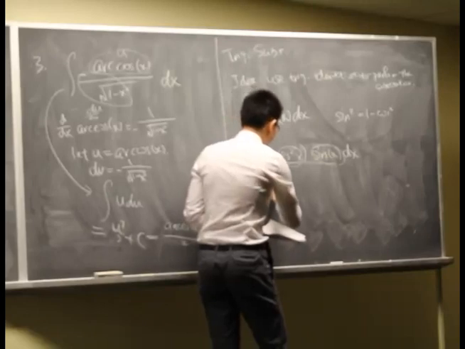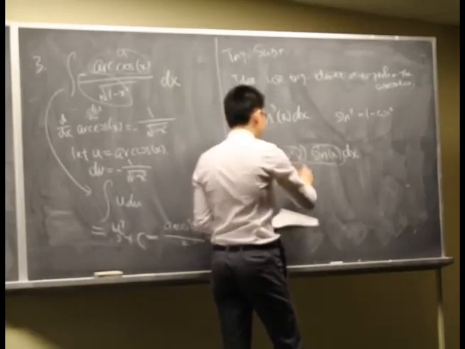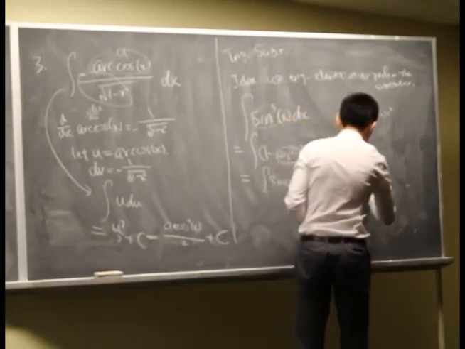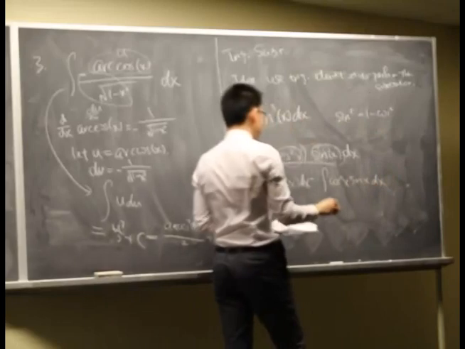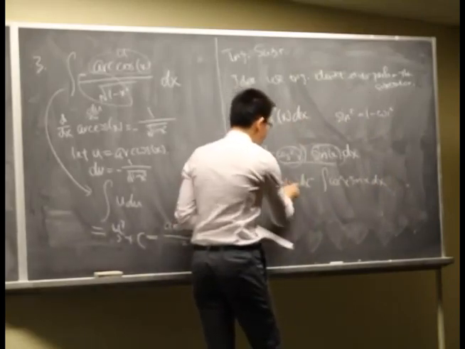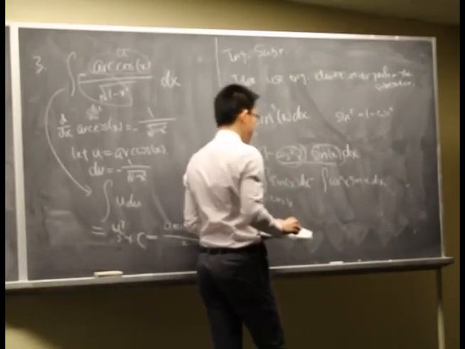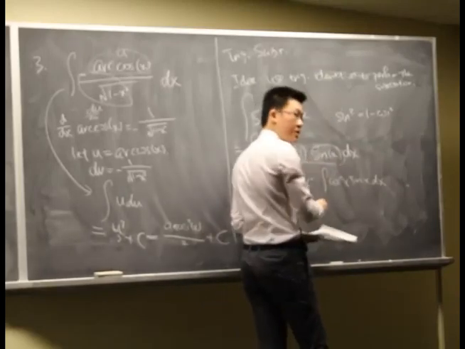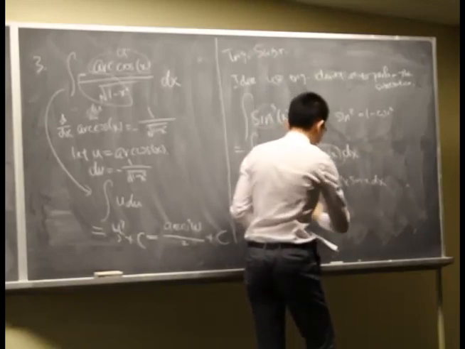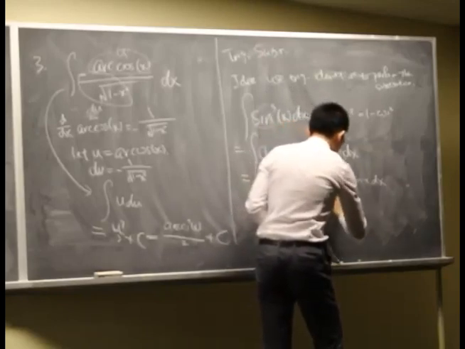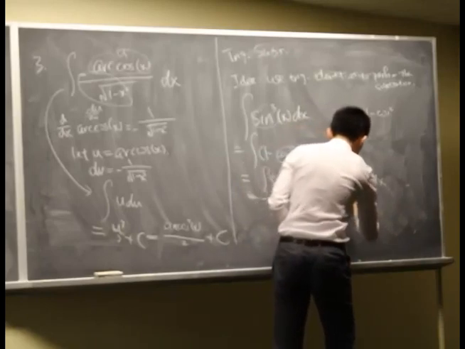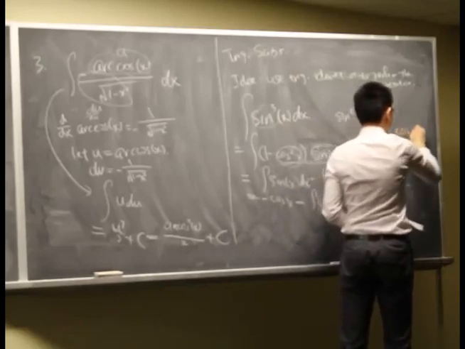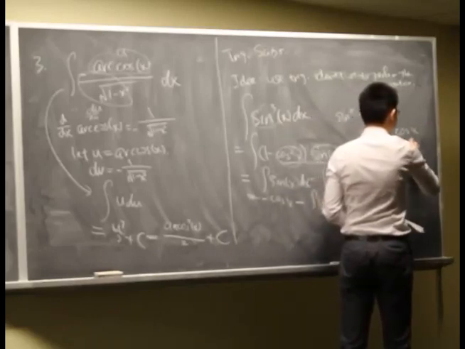So firstly, we will break the bracket right here. This part directly turns into negative cos x. And the second part right here, we're going to perform using integration by substitution. And it's going to be u squared times minus du, if we let u equal cos x and du will be equal to negative sine x dx.